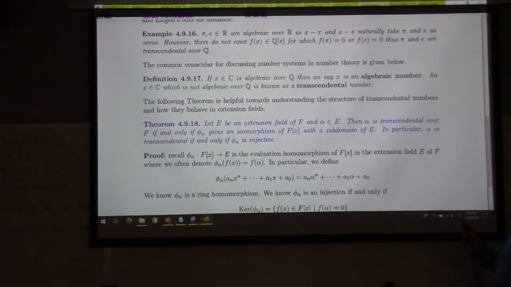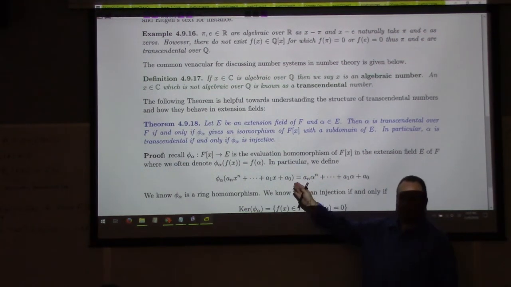What would it take for it to be injective? It means that this maps to 0 only if what? If we map this to 0, then that must be 0, right? What if this was equal to 0 for something non-zero? What would that say about a_0 through a_n? Well, that would define a polynomial.